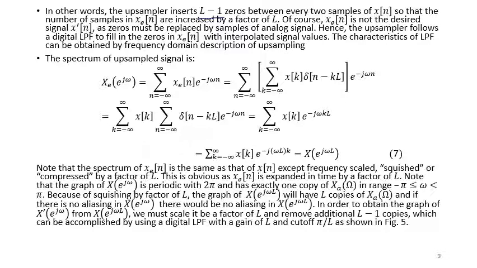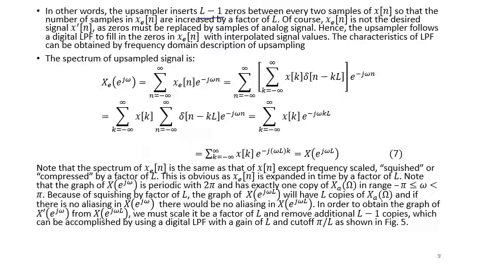Similarly, because we are in the discrete domain, we use a discrete or digital low pass filter, so that we can assign interpolated signal values to the zeros we have just inserted. The characteristics of the low pass filter can be obtained from the frequency domain description of the upsampling.